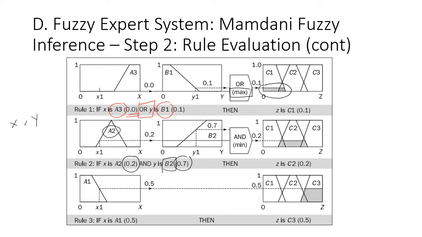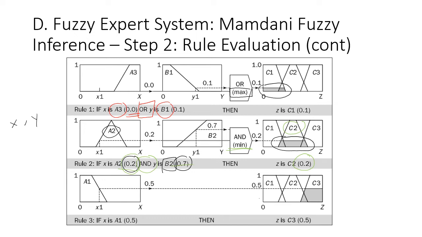And because this is an AND operation, we need to evaluate the min value. So the min value between 0.2 and 0.7 is 0.2. So we do a monotonic selection of the value of 0.2 and map it into C2, because this is what the rule is stating. So this area over here is the result of rule 2 evaluation.